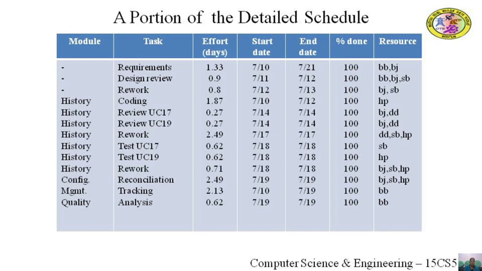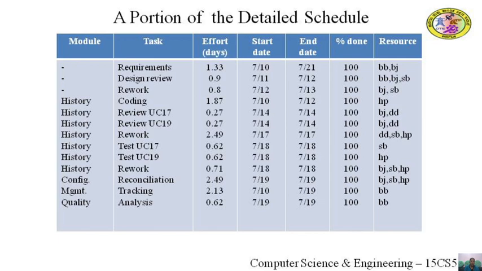As you can see here in the table, the effort required for the requirements task is 1.33 days, and the task starts on 10th of July 2000 and ends on 21st July 2000.